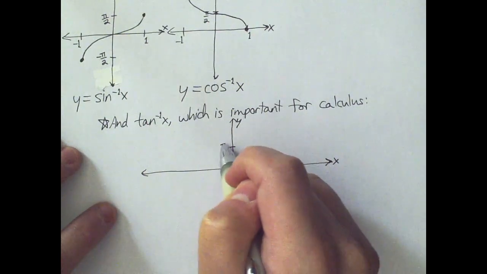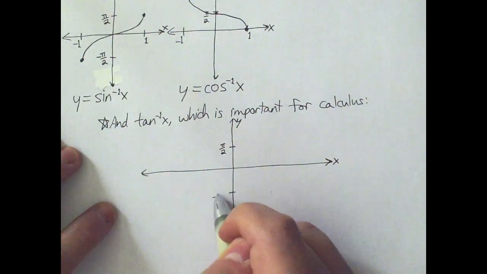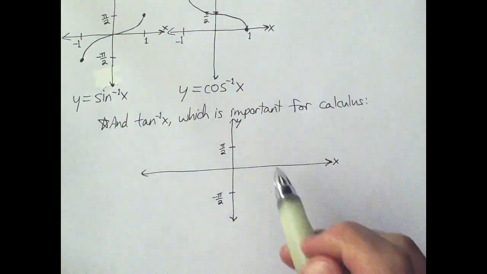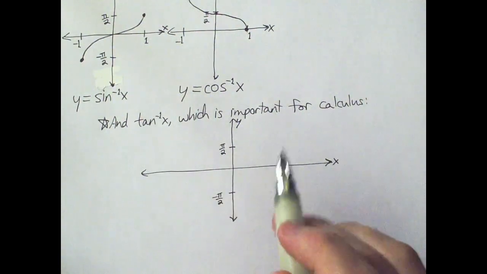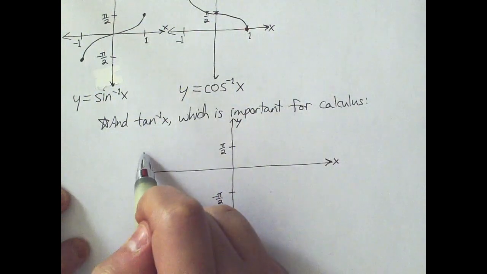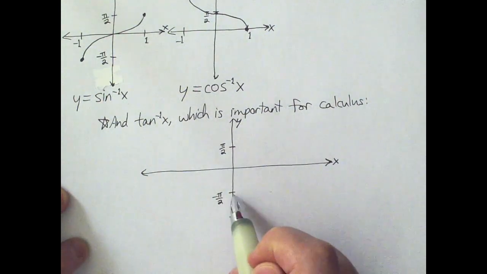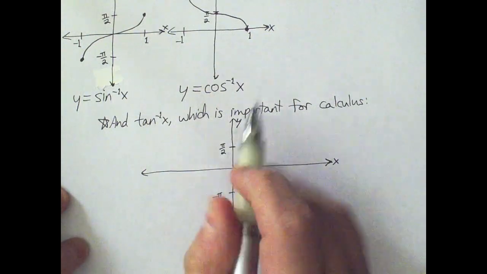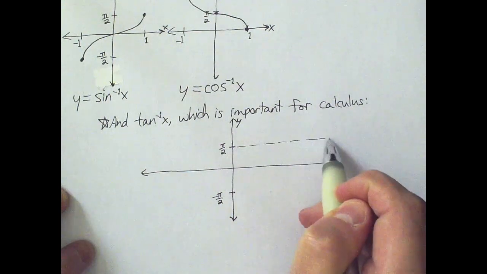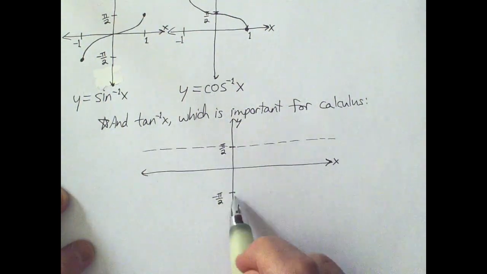So let's say this is π/2, and let's say this is -π/2. Didn't we say that the range of inverse tangent is this, with curved parentheses? So it turns out that it never actually gets to this height, and it never gets to this height, because it had curved parentheses. It's actually going to be a horizontal asymptote here and here.